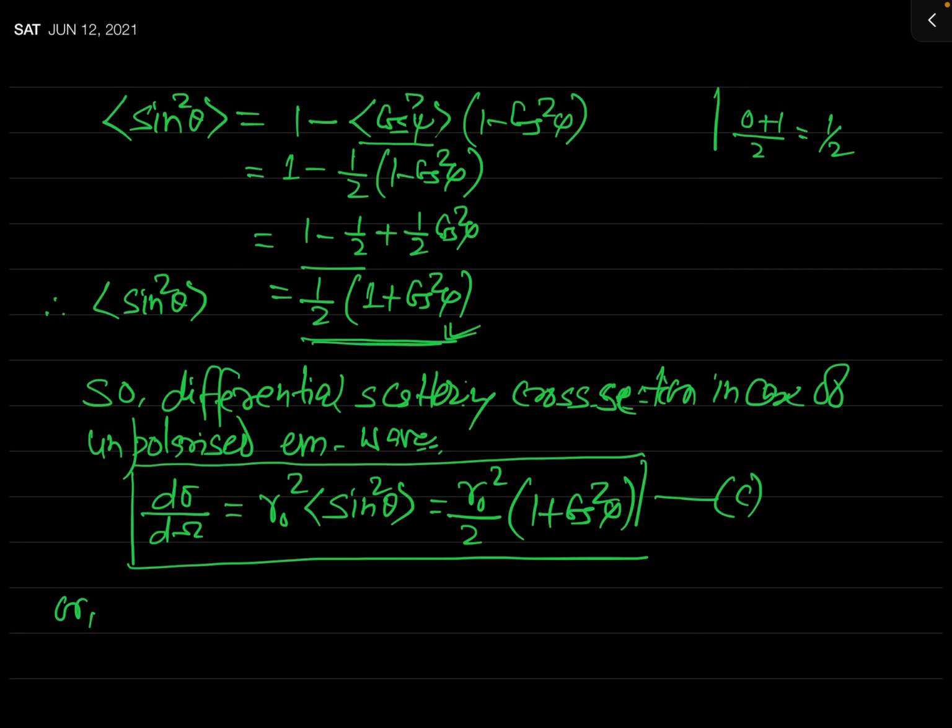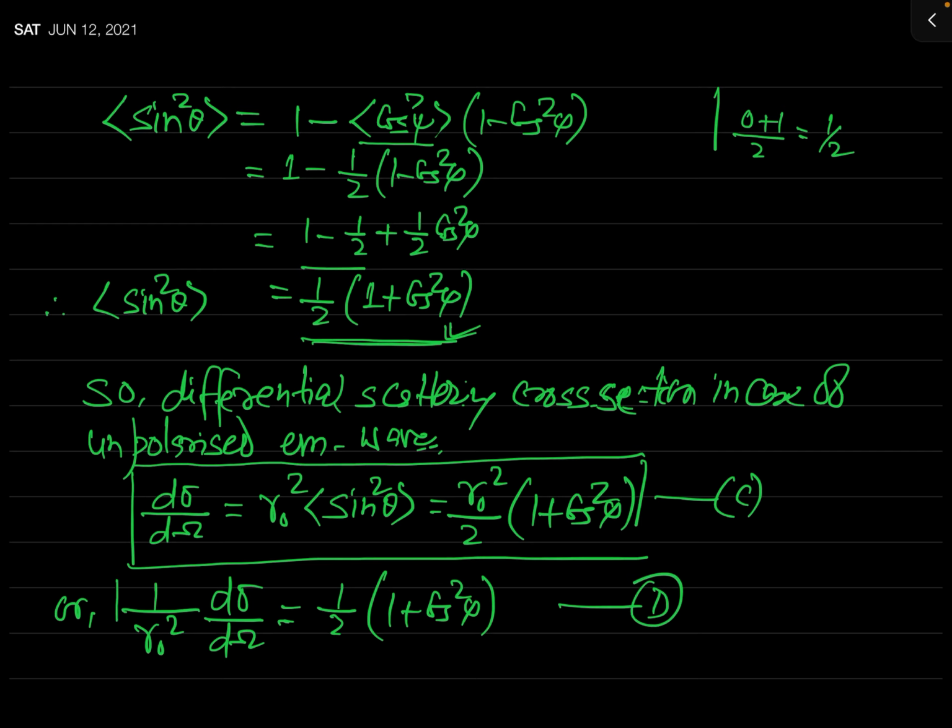Actually this formula can be put into another, more convenient form. So you may write this like 1 over R naught square d sigma by d omega equal to 1 over 2 times 1 plus cos square phi. You can recognize the difference when the wave was polarized.